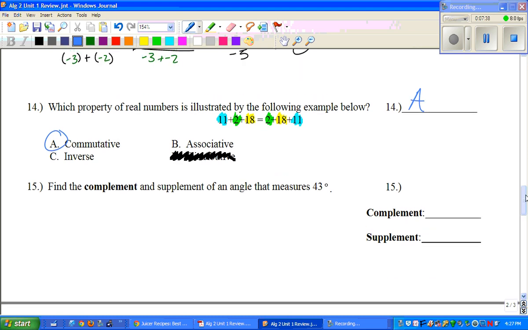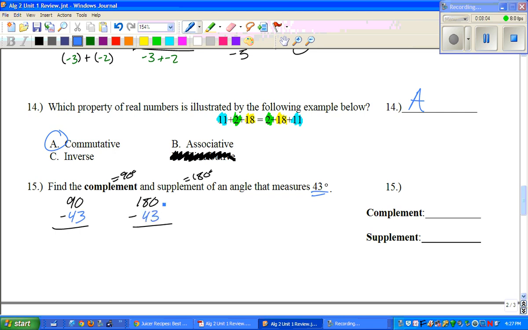All right, number 15. So let's find the complement and the supplement of an angle that measures 43 degrees. Remember that a complement is 90 degrees and a supplement is 180 degrees. So for both of these, all you're going to do is subtract your number.